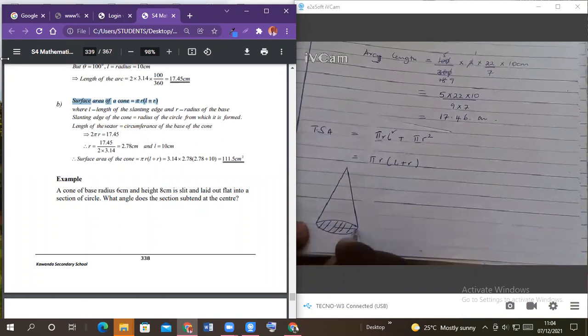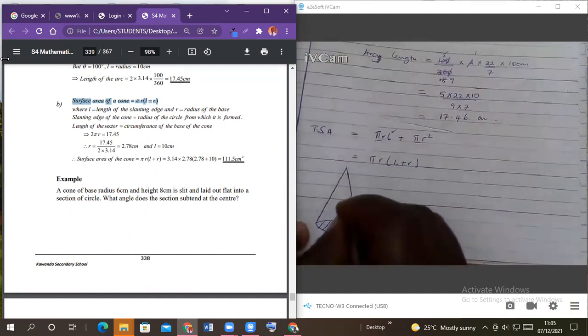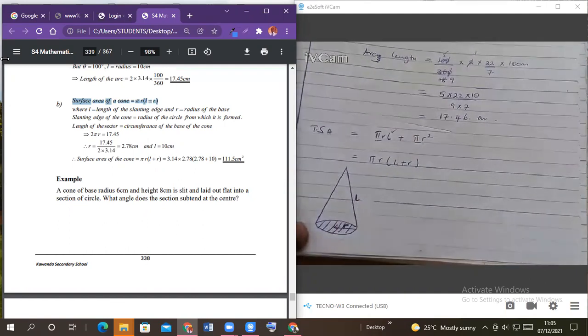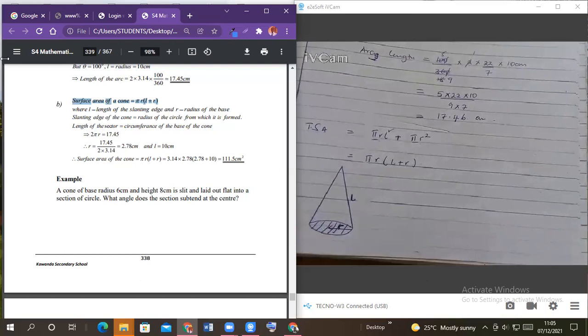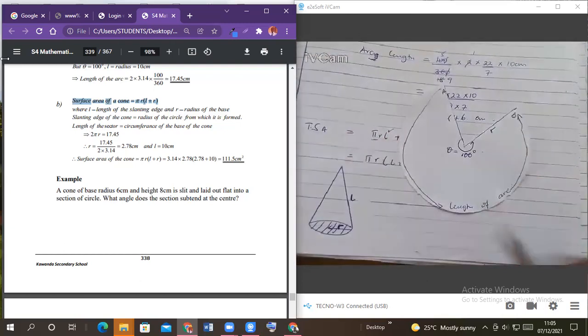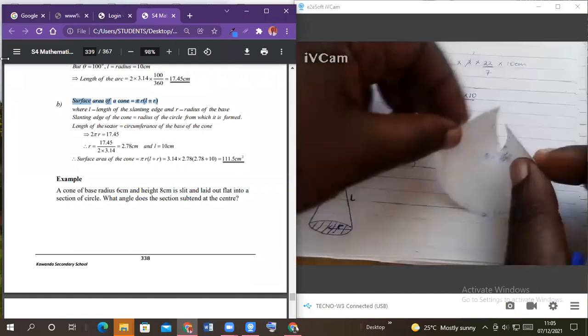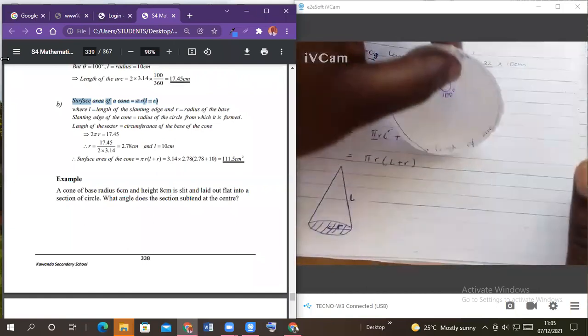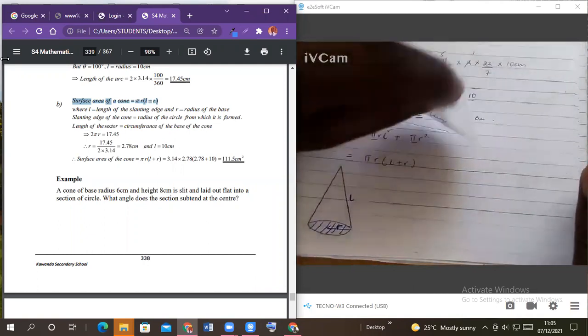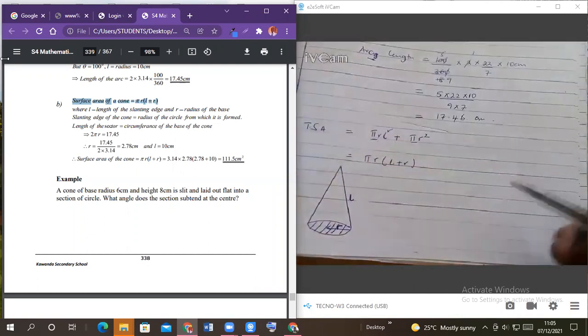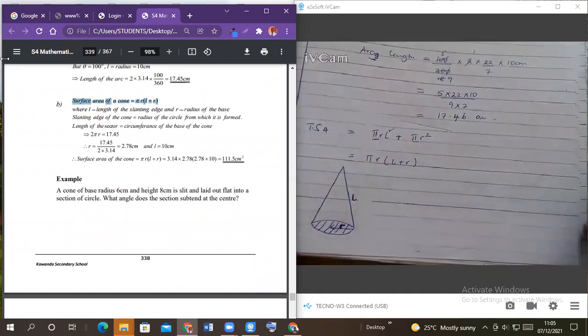But this area has a radius R, and this is the length L we are talking about. Don't forget that this curved surface came from this.